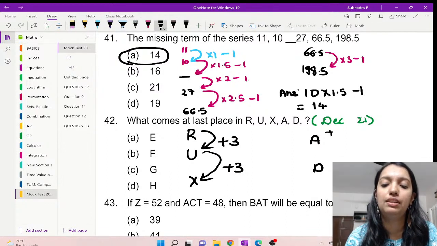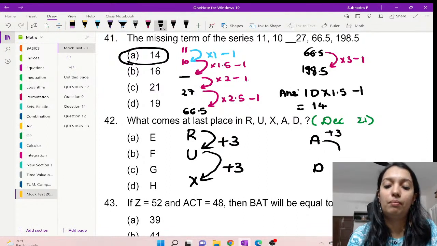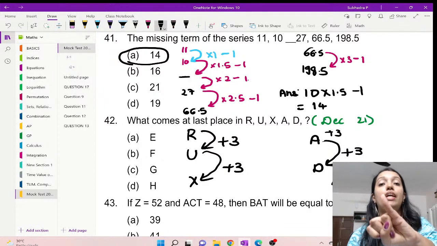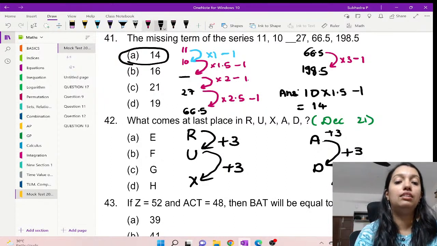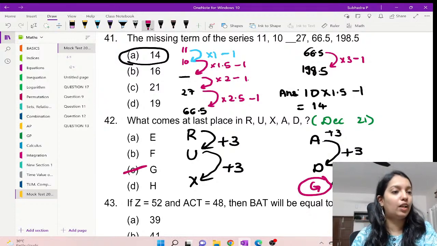So that was plus 3. Next, B, C, D plus 3. So plus 3 from D, E, F, G. Answer for this question is G. 42nd one.